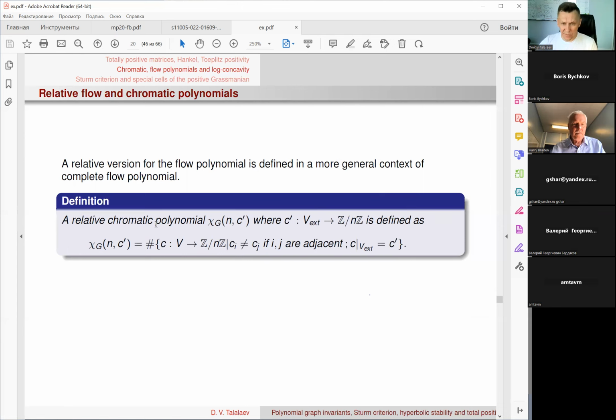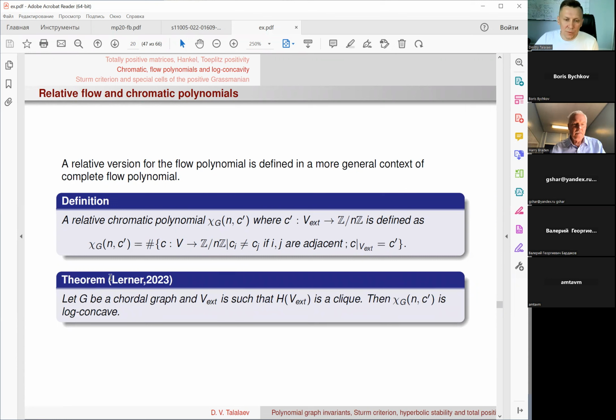A relative chromatic polynomial of a graph G with some chosen subset of external vertices is the number of colorings of vertices of this graph, where the colors in external vertices are fixed and the colors of adjacent vertices are different.